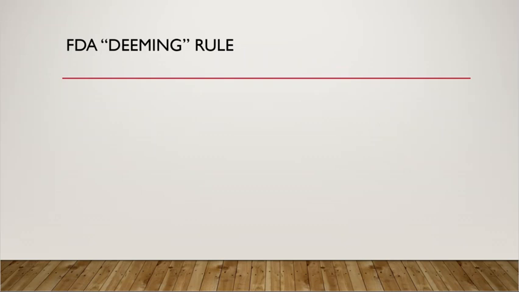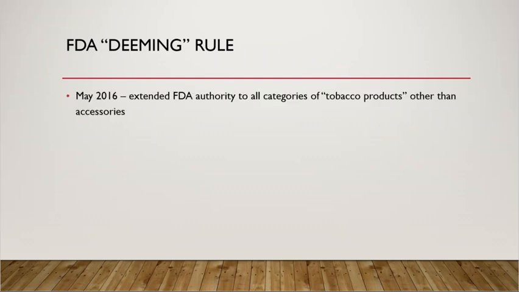The deeming rule was issued in May of 2016, and the effect was to extend the FDA's authority to all categories of tobacco products other than accessories.